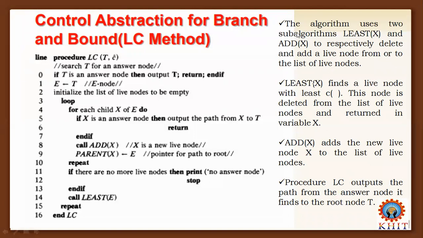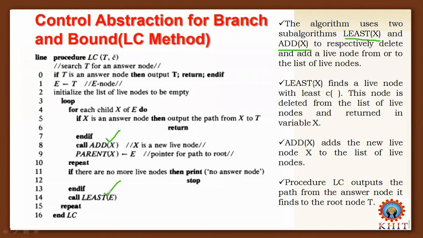Here, sometimes you need to apply two functions, namely least of x and add of x. If you want to add a new live node, we go for the function add of x.